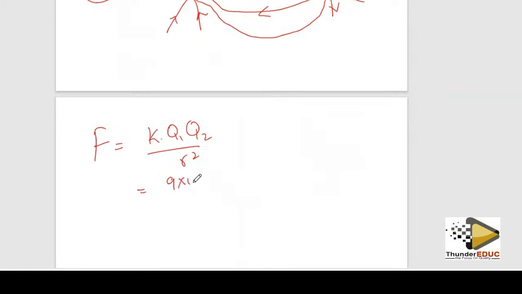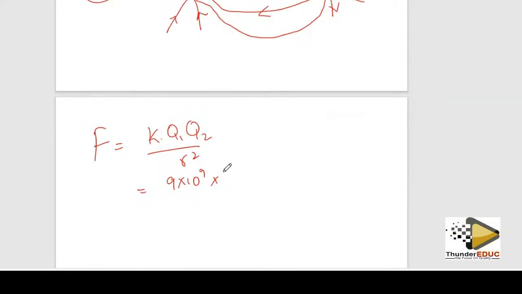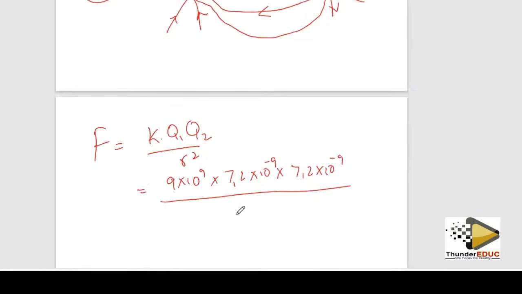So that is 9 times 10 to the 9. The first Q1 is 7,2 times 10 to the negative 9. Don't need to really stress about the sign. And that's 7,2 times 10 to the negative 9. I'm dividing this by my distance of separation, which is 0,03, squared.